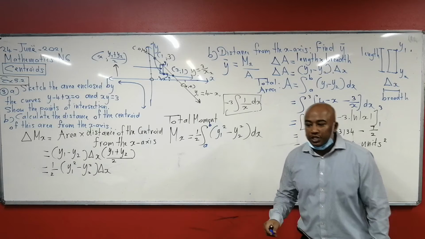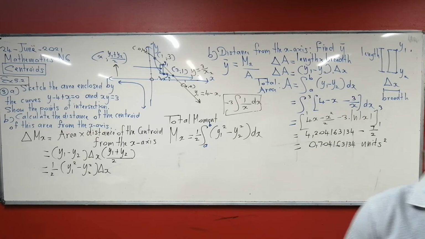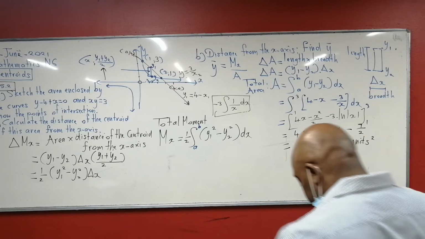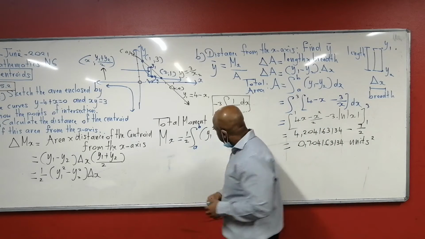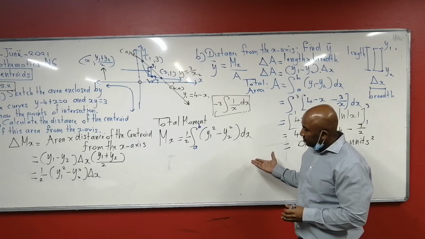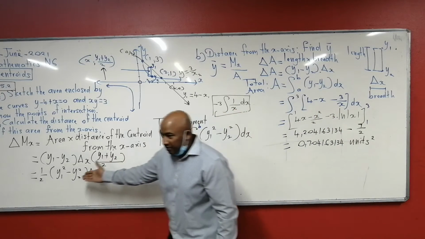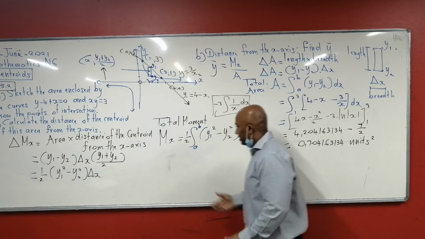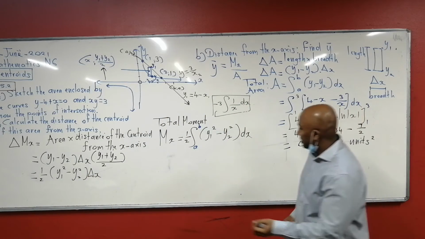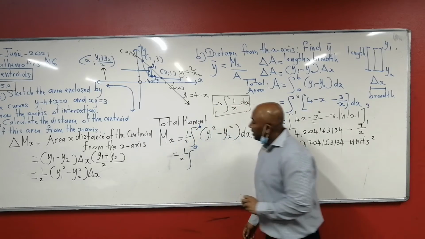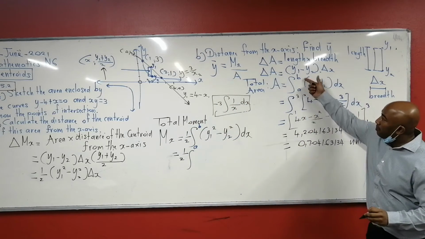Right, so let's do the substitution. Substitute for y1 and y2, let's integrate. Okay, so where are we? We got the formula, y1 squared minus y2 squared, difference of 2 squares. And so now we need to substitute. This is B and A, it's the same B and A for area.